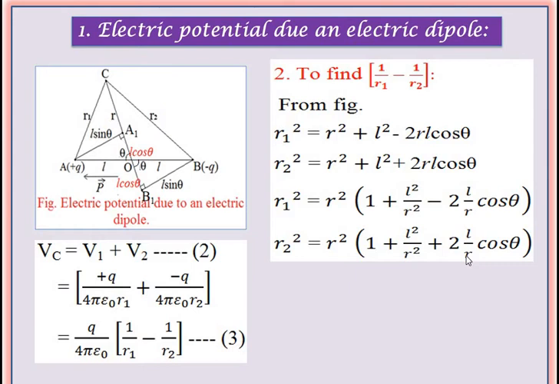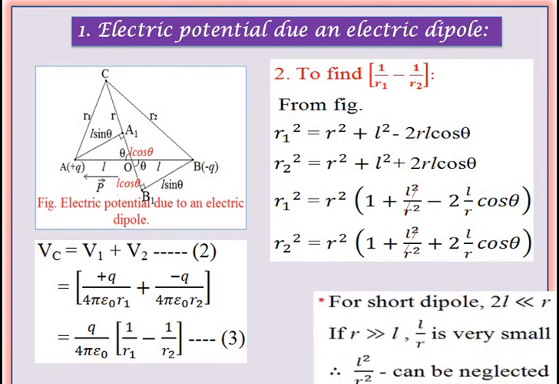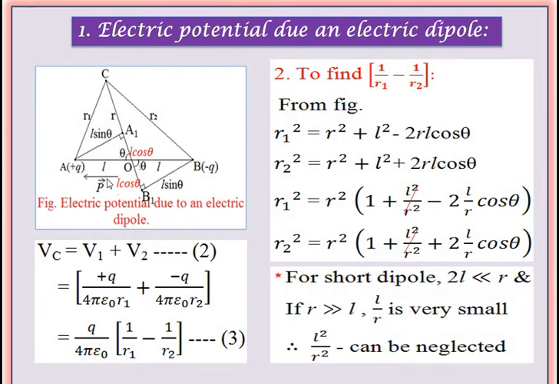For the short dipole, the dipole length 2L is very less than the distance R, and R is very much greater than the distance small l. Therefore the ratio L divided by R is very small, and due to this L square divided by R square can be neglected.